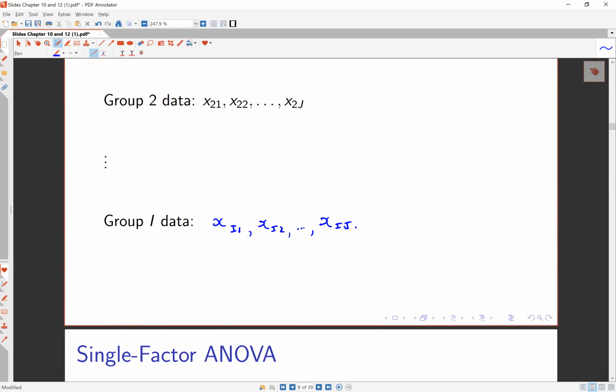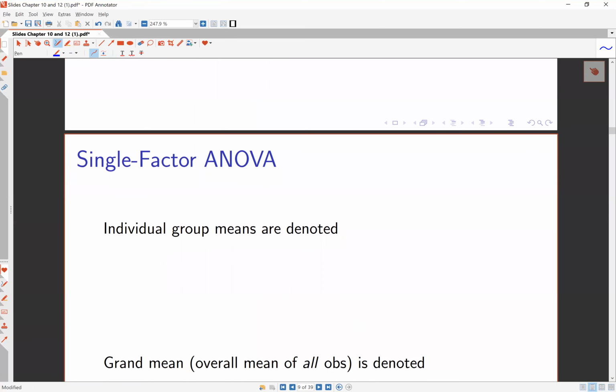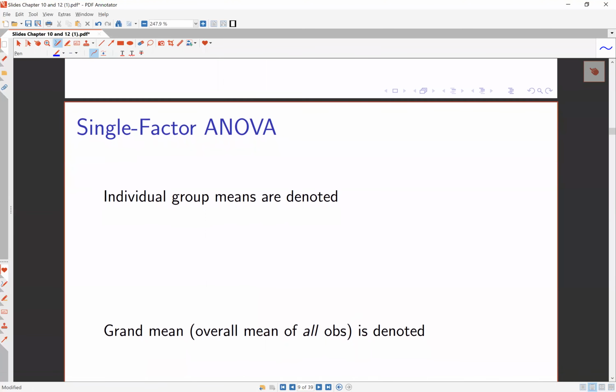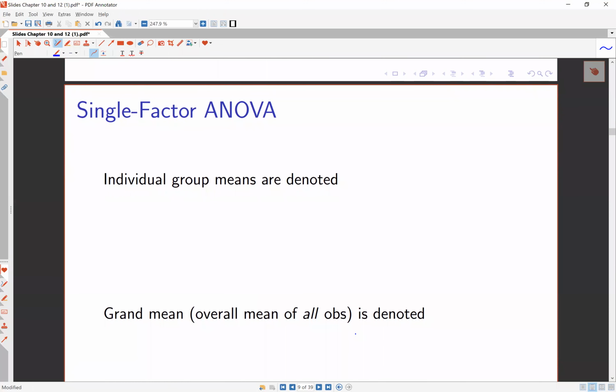Now for each group, we can calculate summary statistics. For a specific group, the way we denote the group average is x bar, as you're used to seeing for an average, with subscript i indicating which group we're referring to, and then a second subscript that's just a dot, a placeholder.